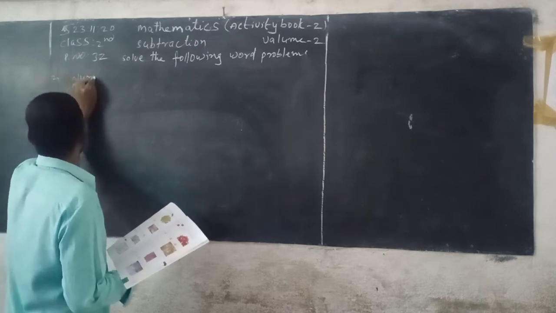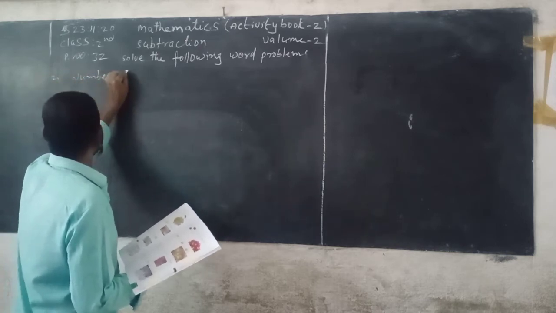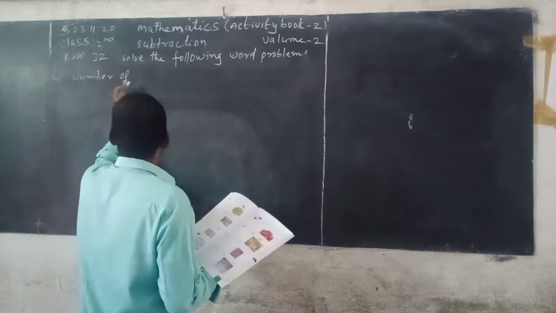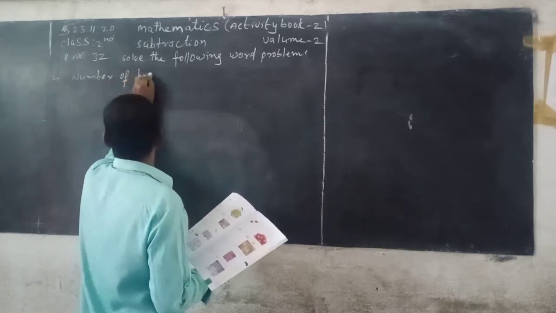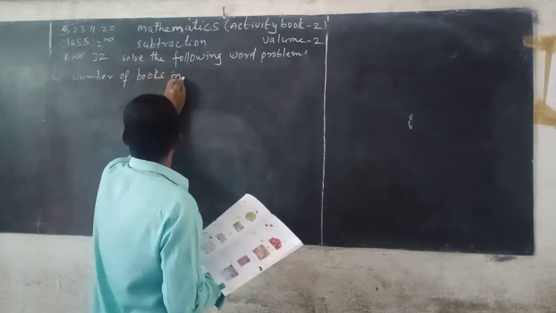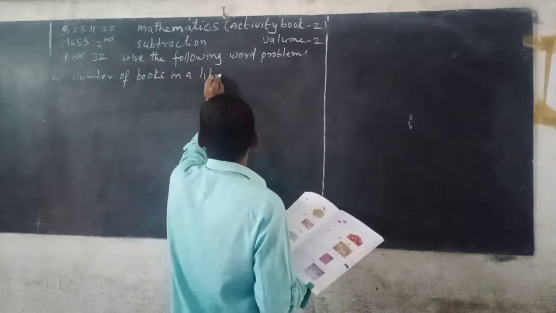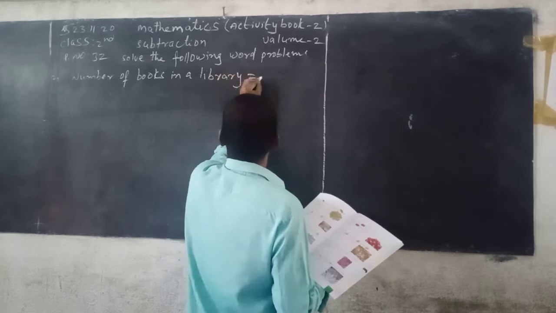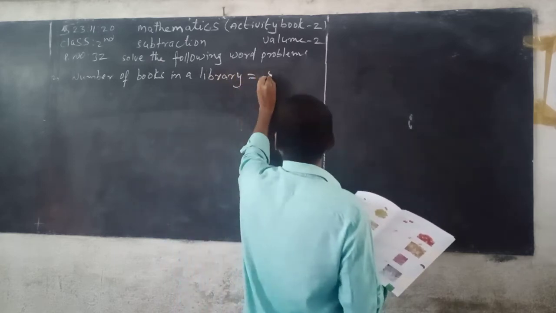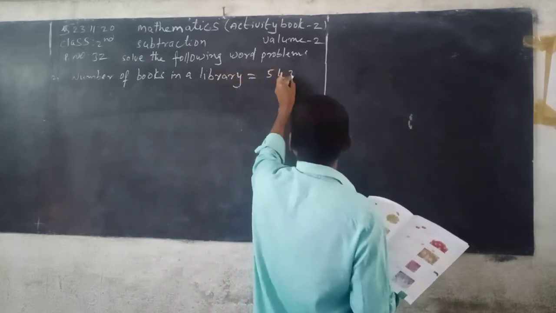Write down everybody. Number of books in a library, that is equals to 543.